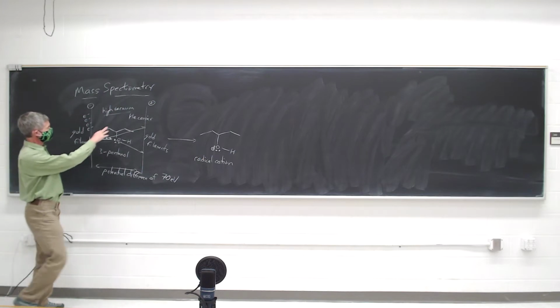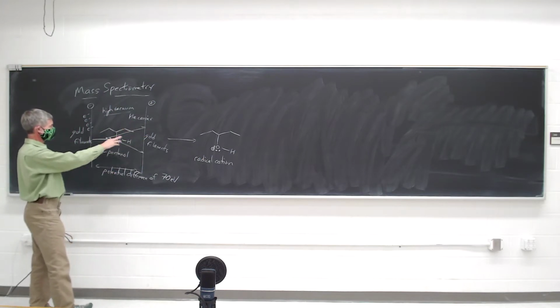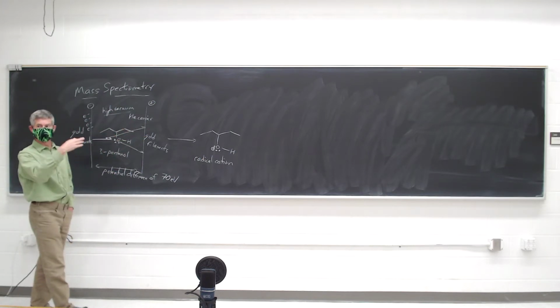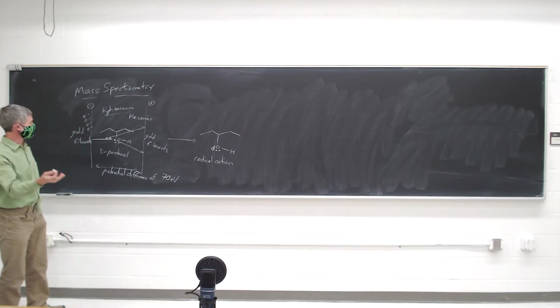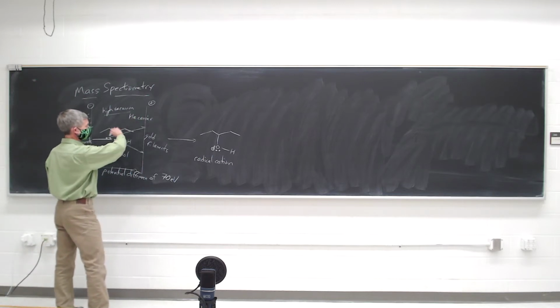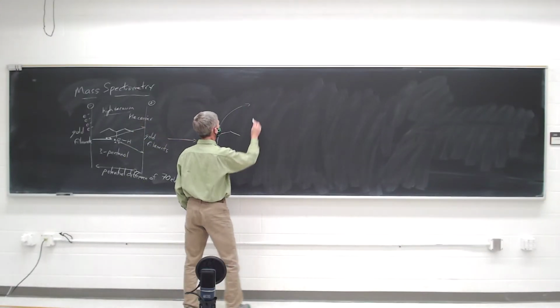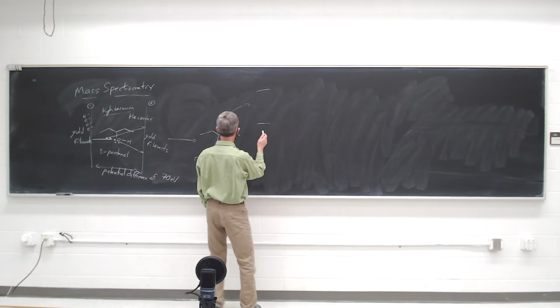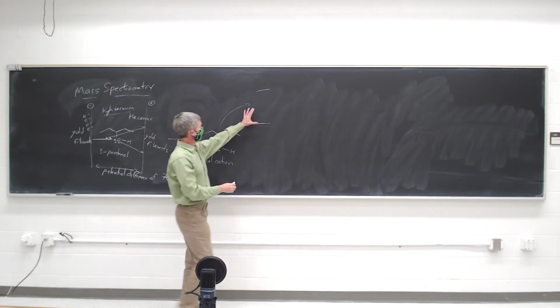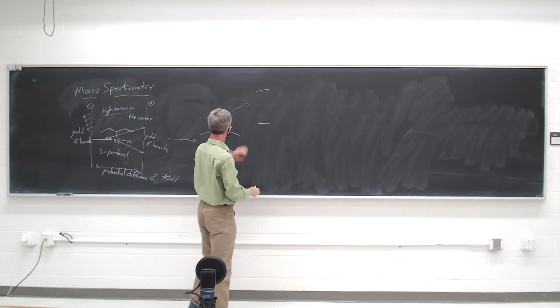This is now going to be swept. The radical cation is going to be swept by this carrier gas or by a magnetic field. It's going to be moved out of this little vacuum chamber. The vacuum chamber is over here. Right? It's going to be moved out of that vacuum chamber, and it's going to be focused by some additional plates with charge on them.